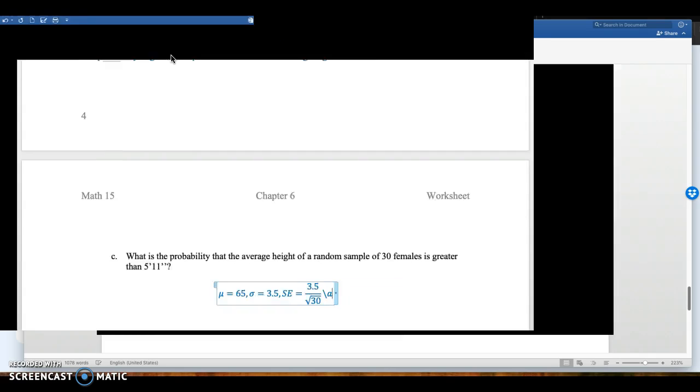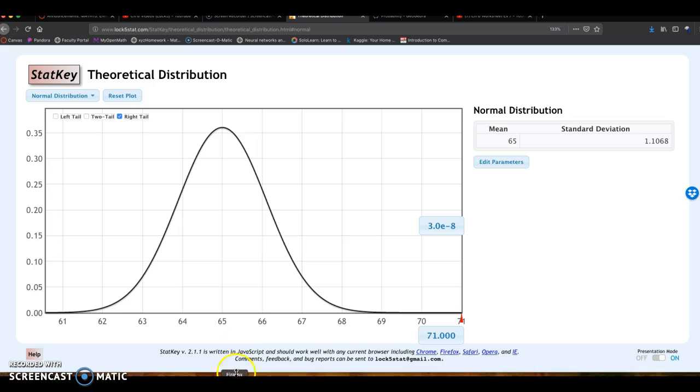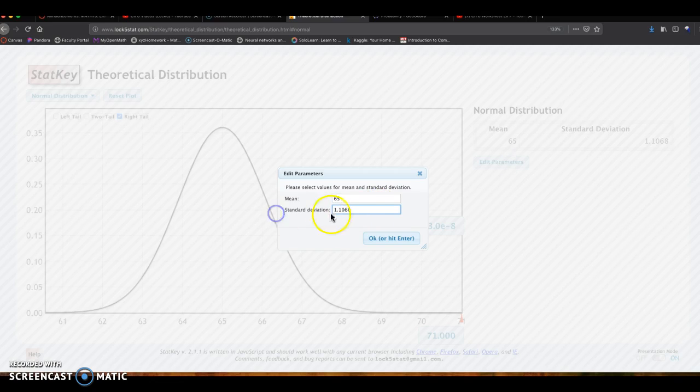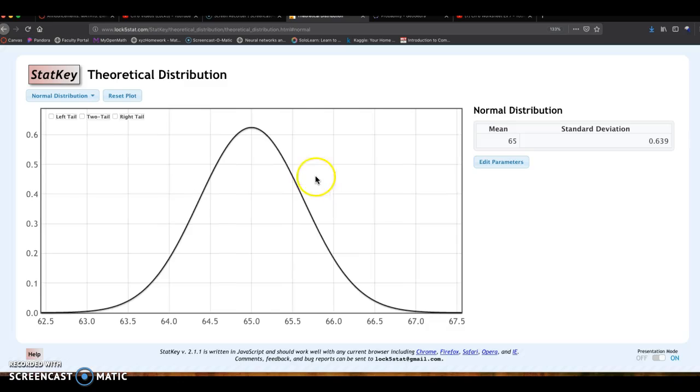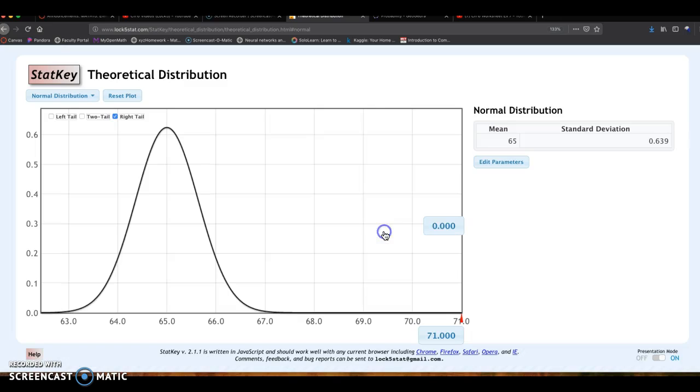Standard error can get smaller, and that's about 0.639. So we need to use this standard error when we go back to the normal distribution. 65 is still the mean, but now that standard deviation has decreased to 0.639. Click OK. Click on right tail, make this bottom value 71 for the cutoff.